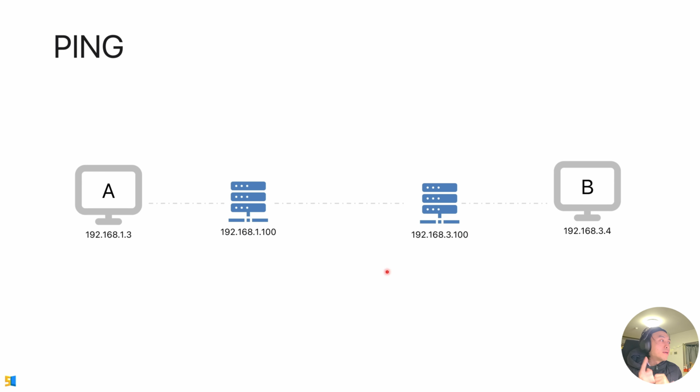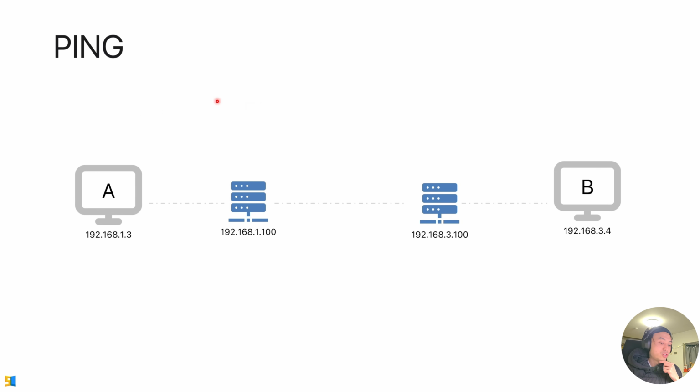Let's discuss ping. Why? Because ping actually uses ICMP. So if A wants to send a ping request to B, A with this IP address wants to send a message to this computer B. It actually sends an IP packet with protocol 1, ICMP, of type echo request, and it has a TTL.